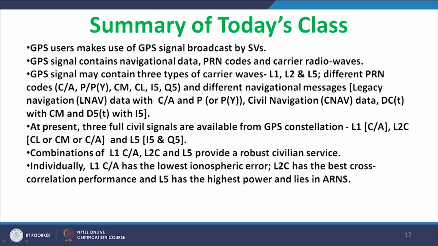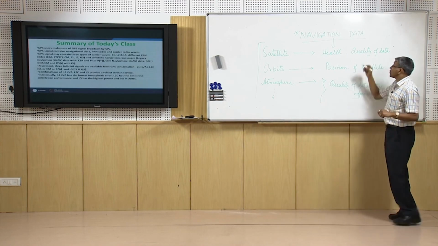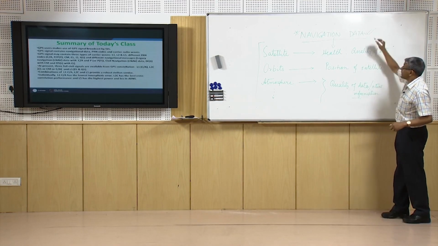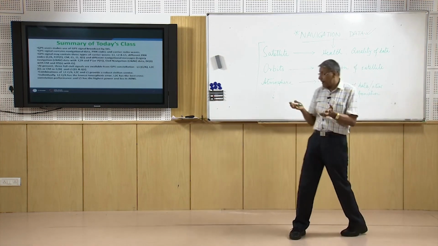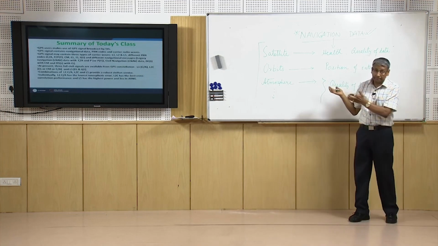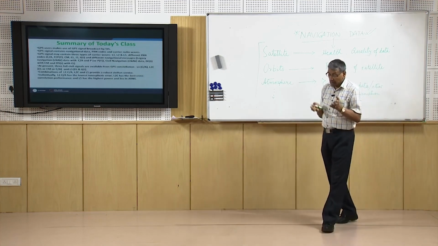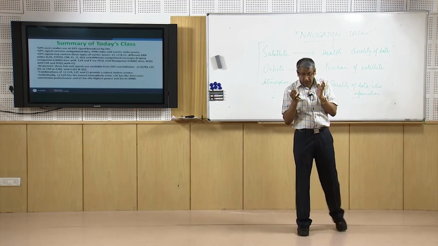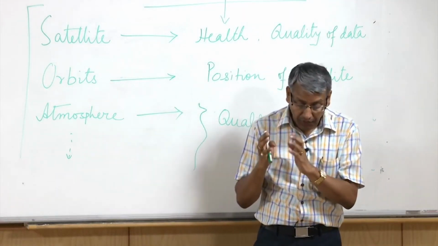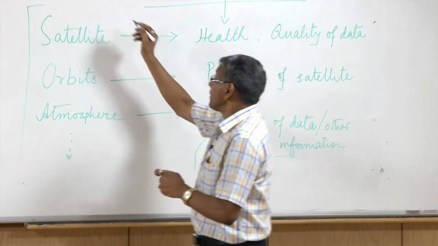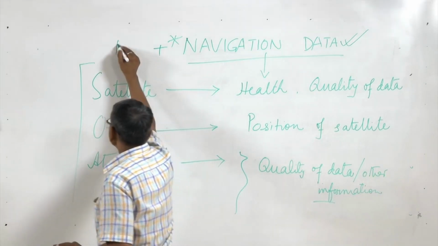To summarize, as a user we need to have the navigational data from the satellites. To identify which satellite the data is coming from, PRN codes are used.